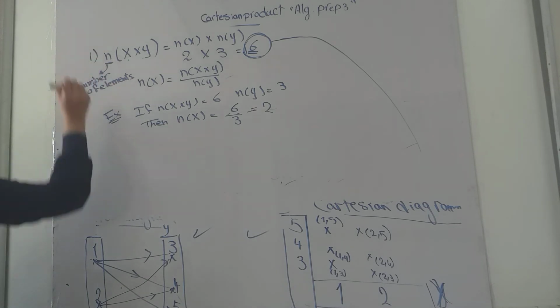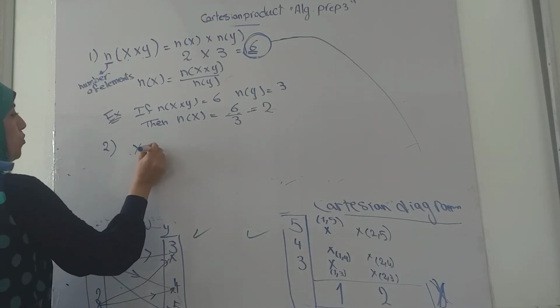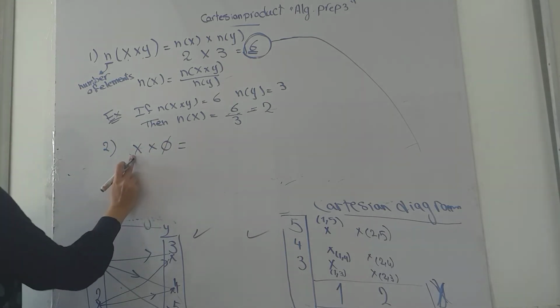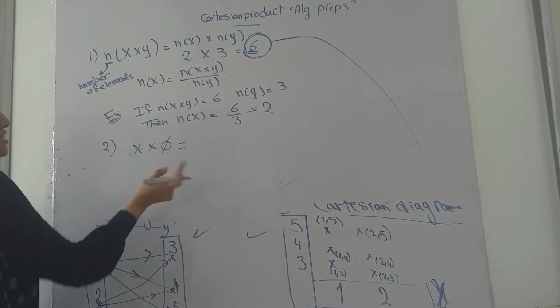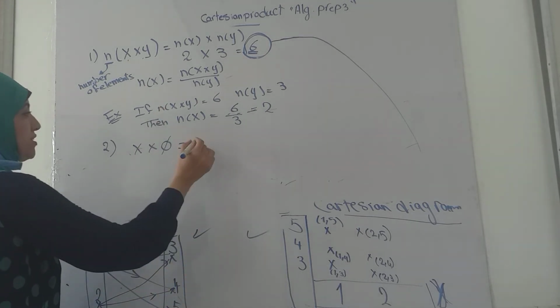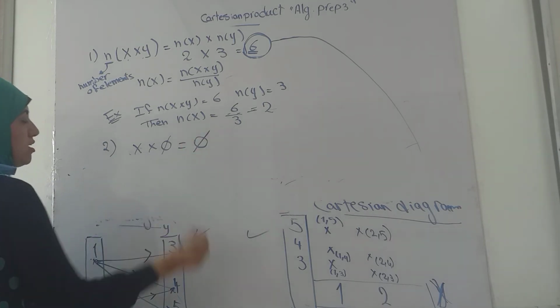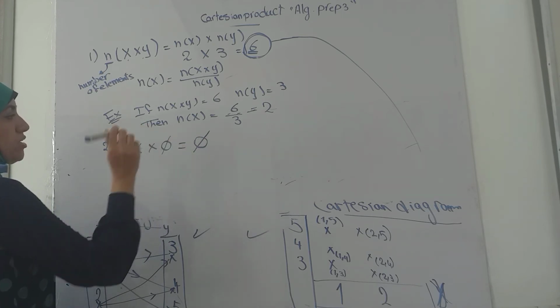This is the first rule. The second rule is x by empty set. What is the meaning of x by empty set? It means any set by the empty set. Any set by the empty set, the answer will be the empty set also.